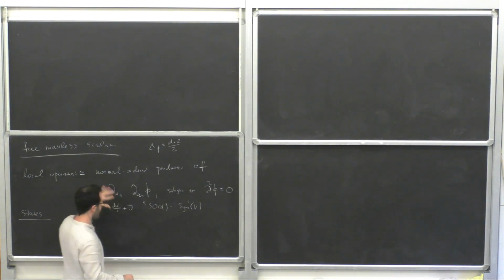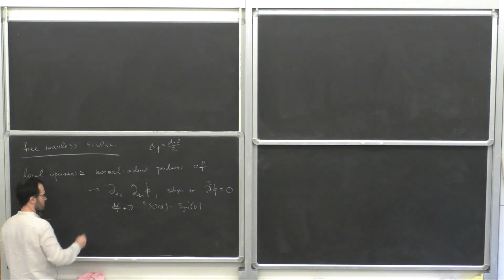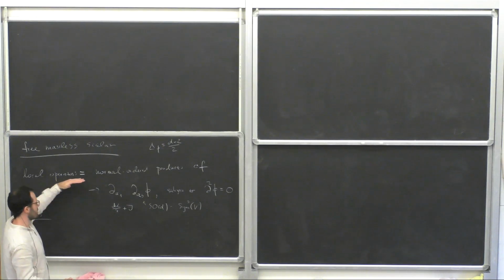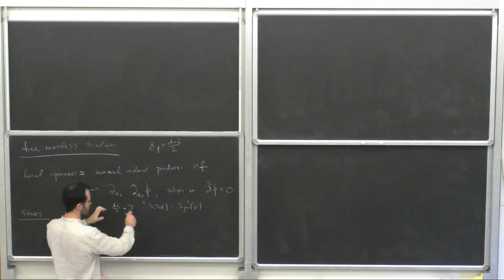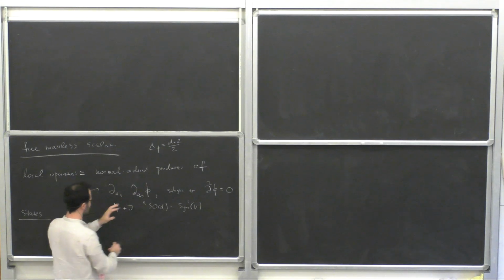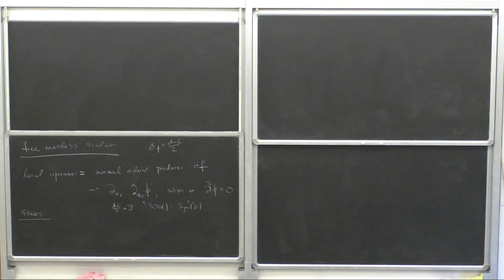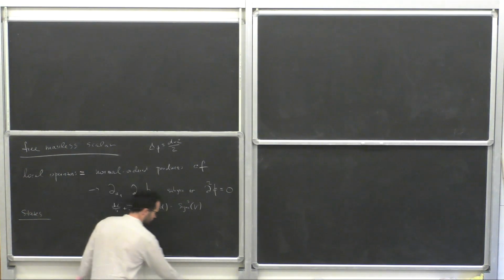These are the basic building blocks, and the most general local operator is a normal ordered product of these things. Let's see, how does this match with the counting and energies of states?